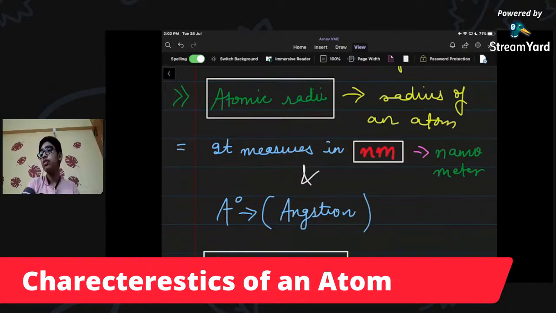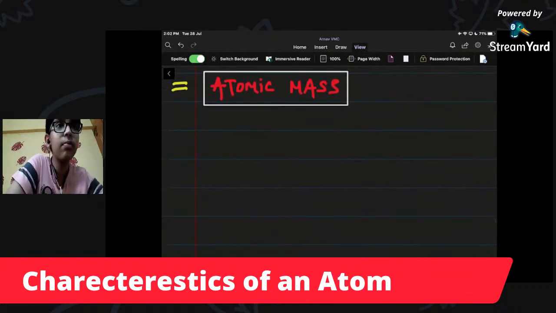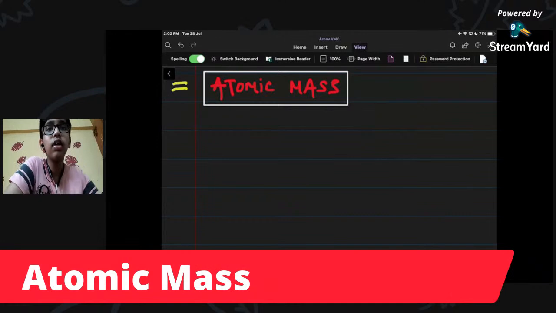Next we'll talk about the atomic mass. We will talk about the atomic mass of an atom.